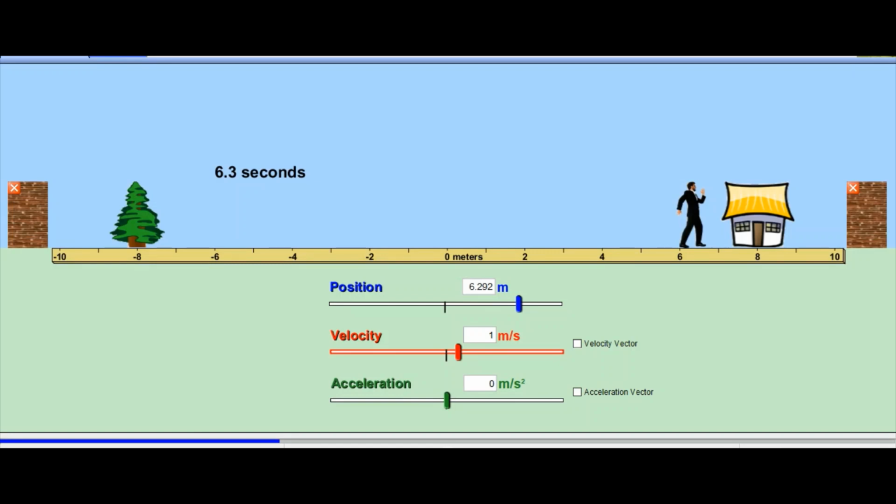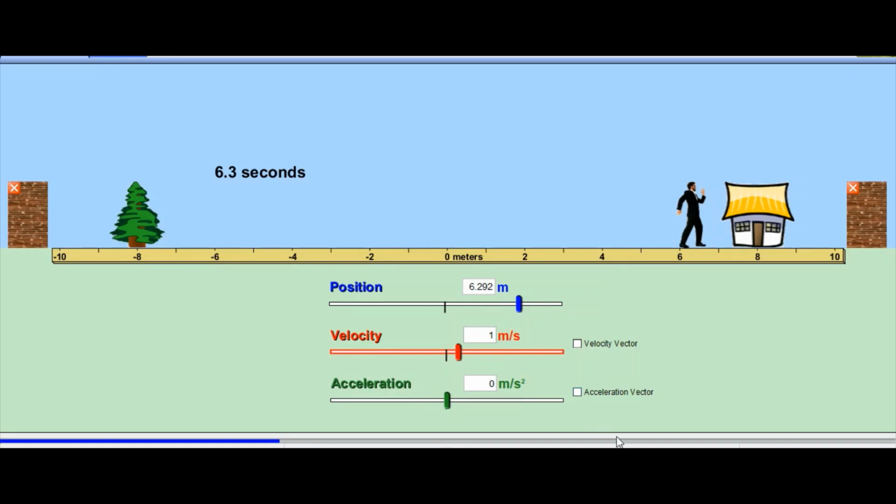It's only the rate at which someone changes his position through the given time. For example, here velocity means 1 meter per second, and it changes its position from 0 to 6.3 meters in 6.3 seconds. That means the ratio of position to time is really 1 meter per second.